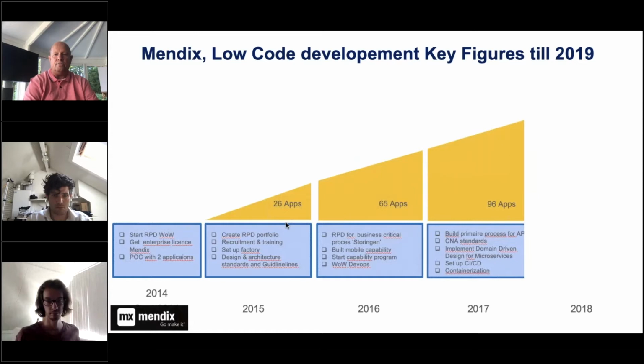After that, we went further to almost 100 apps, and went into domain-driven design for microservices. This is very important. If you want to really make sure that you create the added value, we were able to be 12 times faster than we were, and we reduced our operational costs by 70 to 80%.